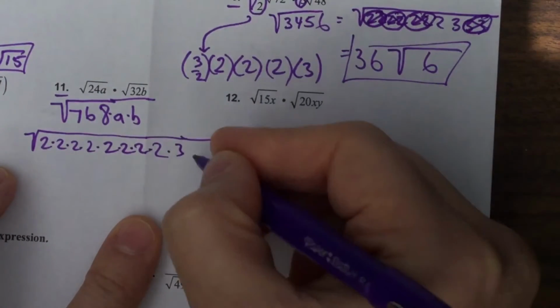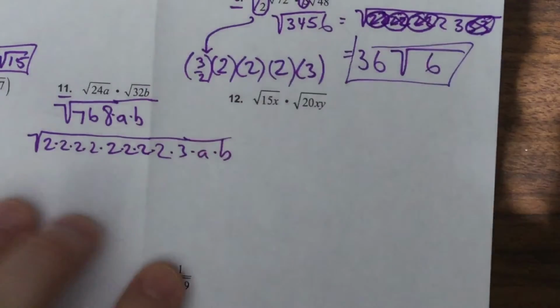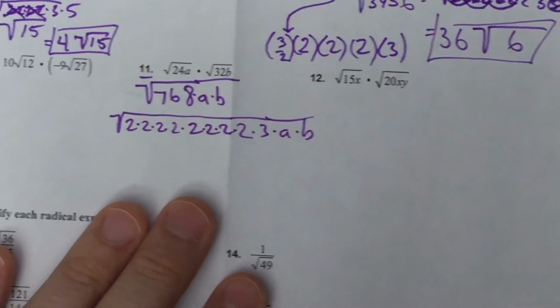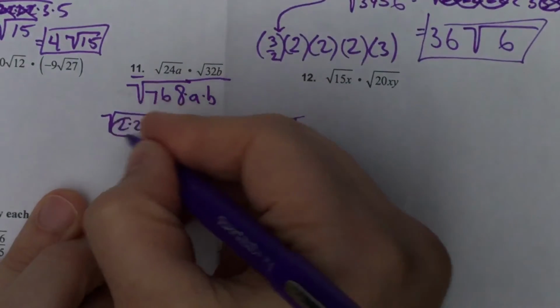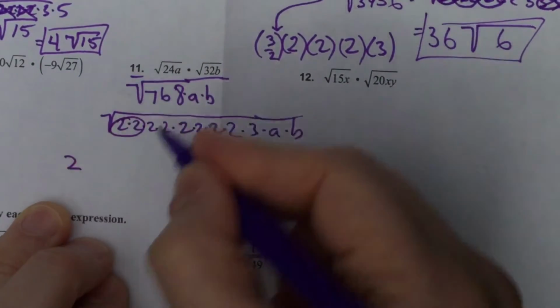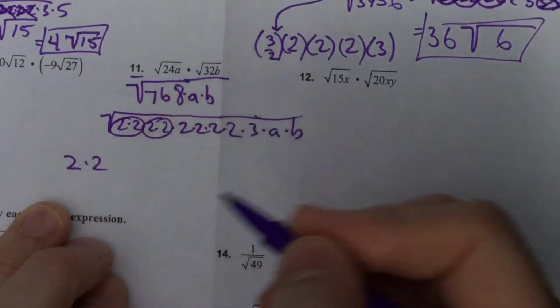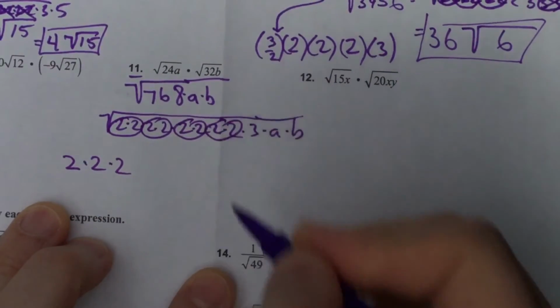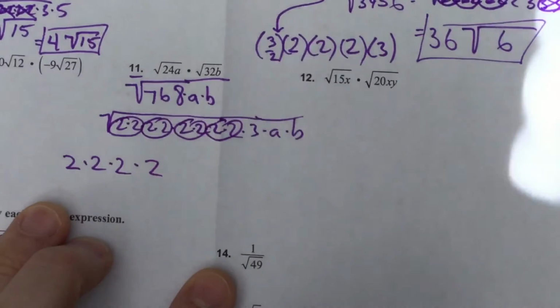Okay, I also have an a and a b. So for every pair I circle, it gives me one of those same numbers on the outside. I circle this, that gives me a 2 on the outside. I circle this, I get a 2 on the outside. I circle this, 1 on the outside. I circle this, 1 on the outside.